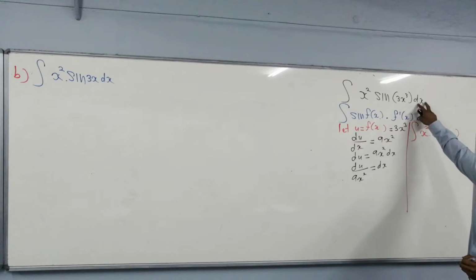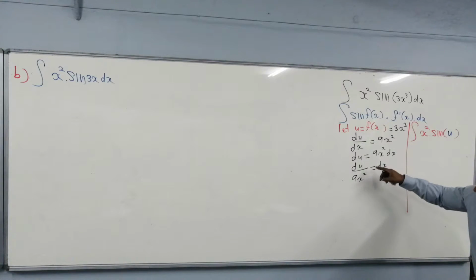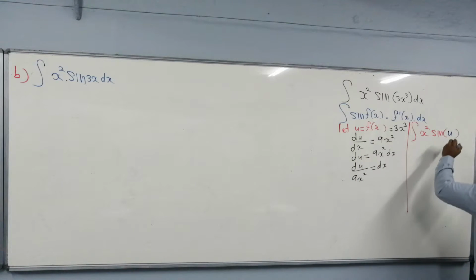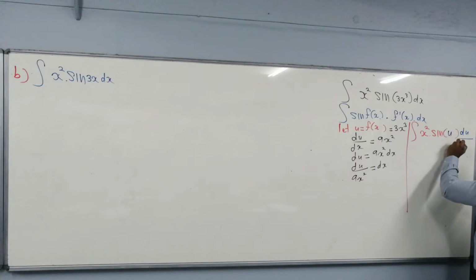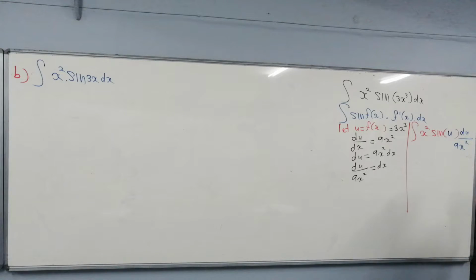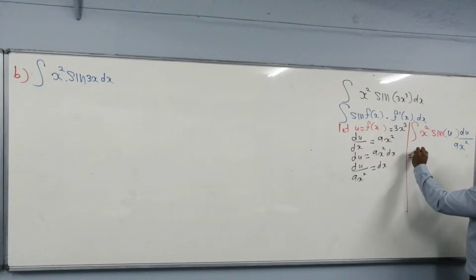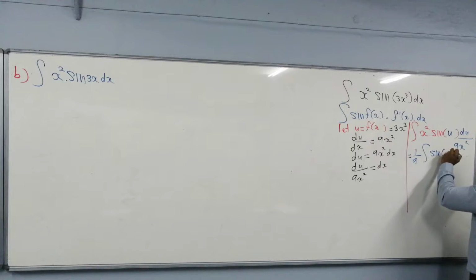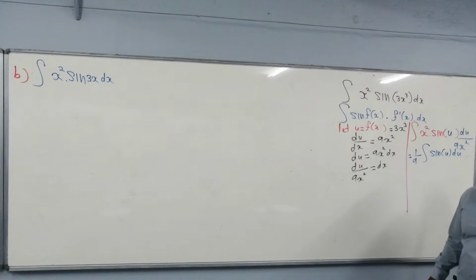And dx is replaced with du divided by 9x squared. So that's going to be du divided by 9x squared. Notice what happens now. x squared and x squared will cancel. So I end up with 1 over 9, the integral of sine u du.